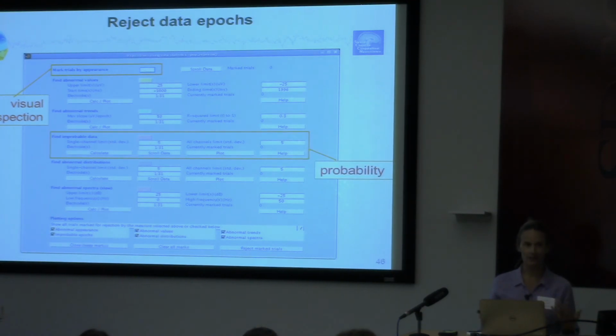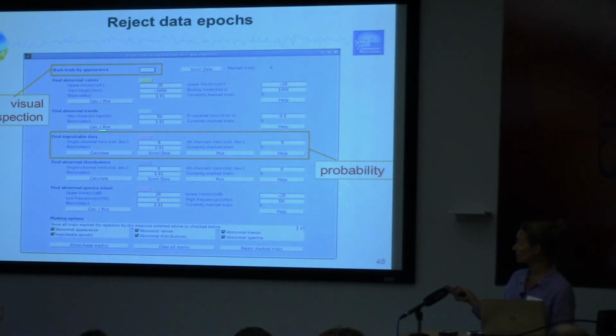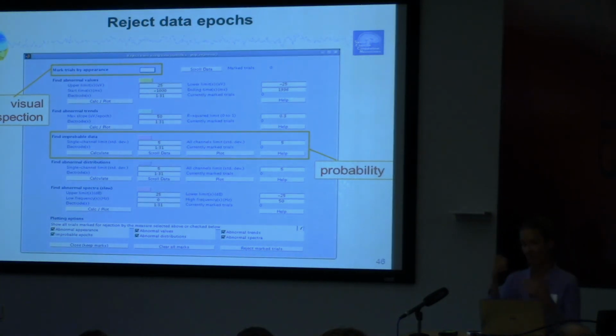The probability one is, again, the one that I find the most useful, and the parameters are basically these number 5. These are standard deviations: if a single channel is 5 deviations from the mean, or if all of the channels have gone off 5 deviations from what's normal.